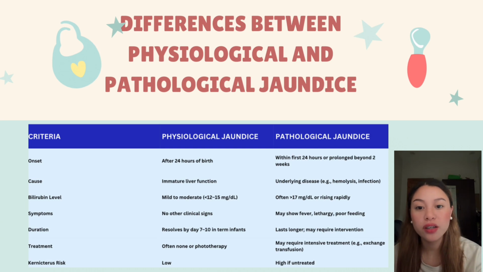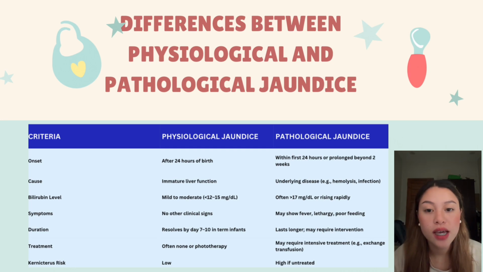So, I have here the criteria. For the onset, physiological jaundice appears after 24 hours of birth, and pathological jaundice within the first 24 hours or prolonged beyond 2 weeks. For the cause, physiological jaundice is due to immature liver function.